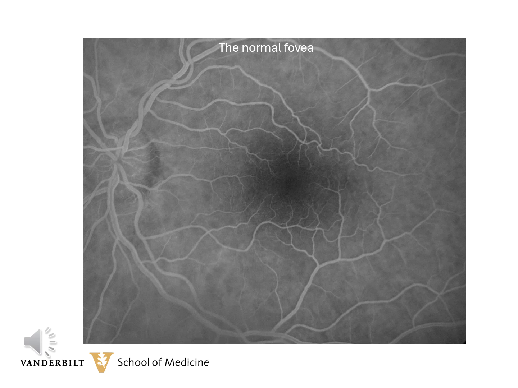Also, the outer plexiform layer has xanthophyll, and this also will block fluorescence. And finally, there's a natural capillary-free zone, so the retina itself does not have the fluorescein in that area of the retina. And all of these reasons lead up to the dark central area on a fluorescein angiogram, and this is absolutely normal.